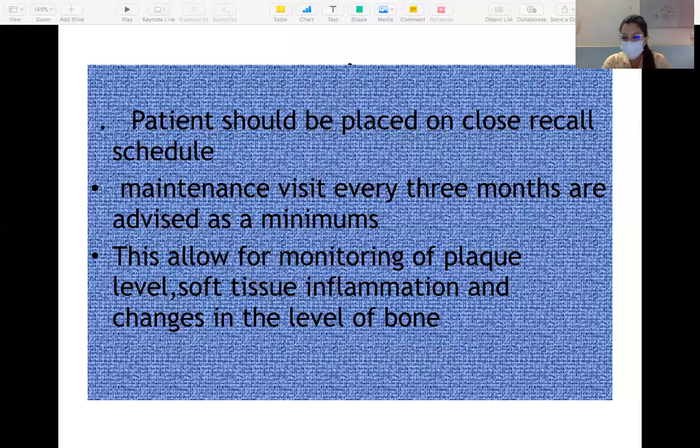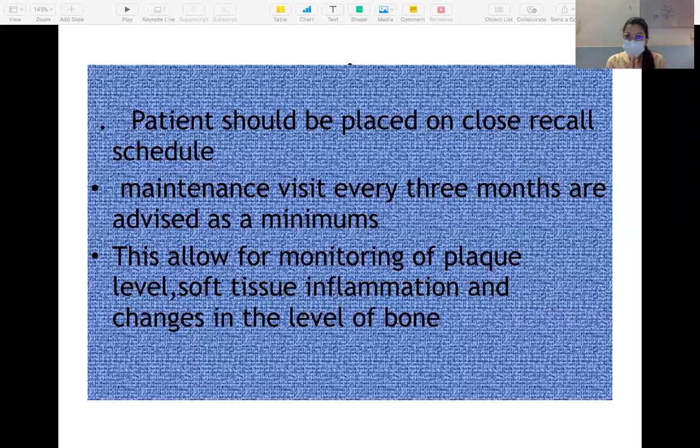As the dentist, you should always make sure that you keep on recalling the patient, or follow-up becomes very important after implant placement. It is not like you place the implant and then it's goodbye. You have to do regular checkups and regular follow-up to the patient, at least once in 3 months. This will also help in monitoring of the plaque level, soft tissue inflammation, and changes in the bone level, if the patient himself or herself misses it.